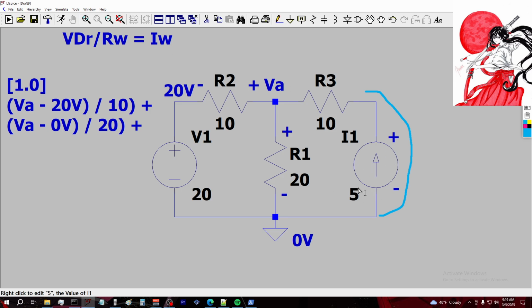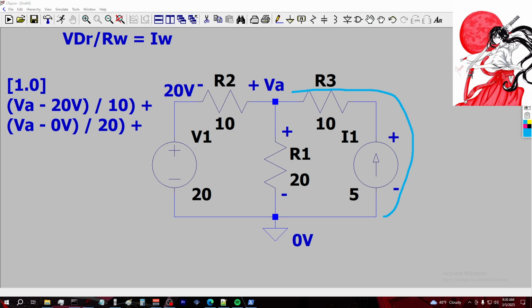The problem is, as we go through that current source, you would think it would be a current increase because we're going from negative to positive, so we're getting more current. But in reality, we're actually getting a current decrease. When we go from negative to positive in a current source, that is a current decrease.